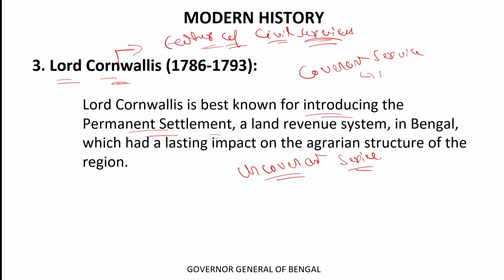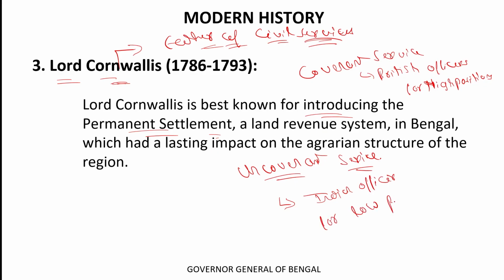In covenant service, they are basically the British officers for high positions. And for uncovenant services, there are Indian officers, but only for low positions.